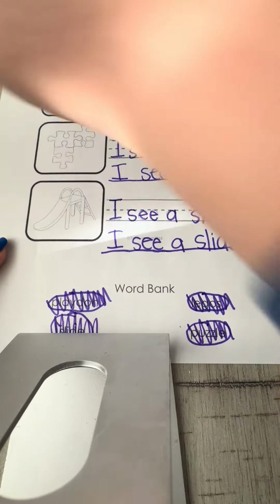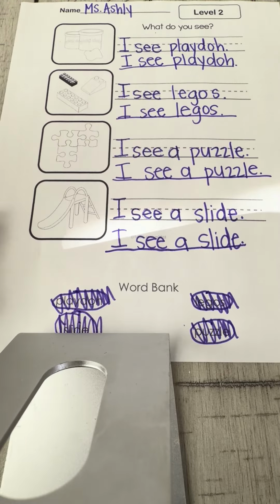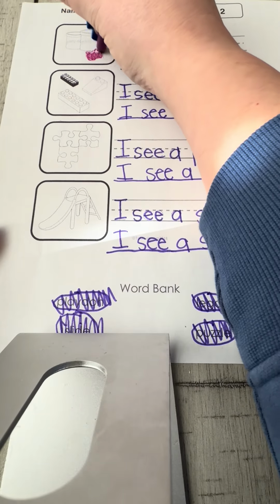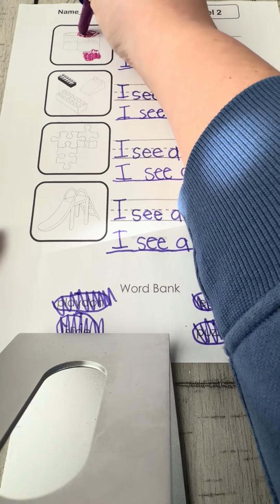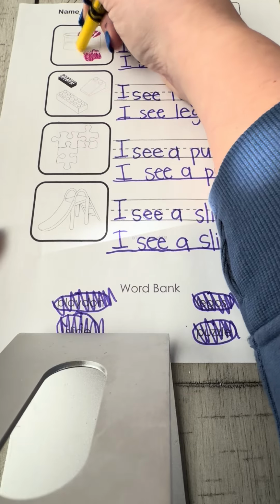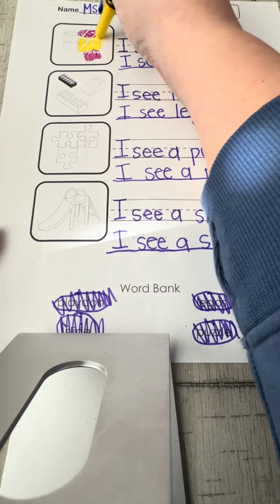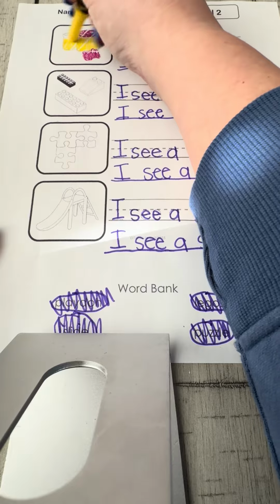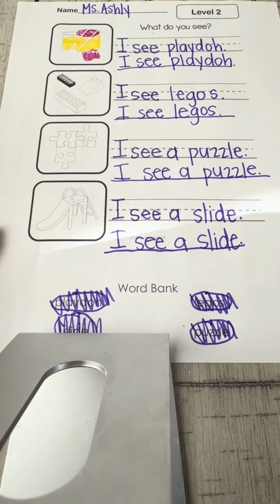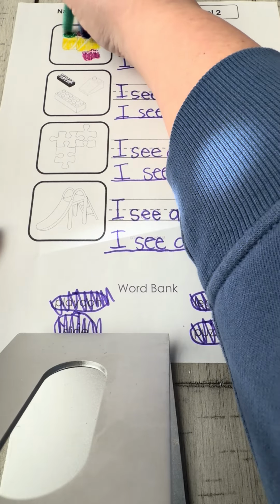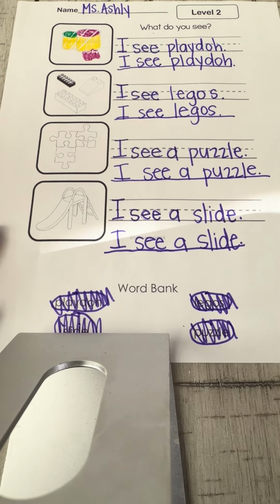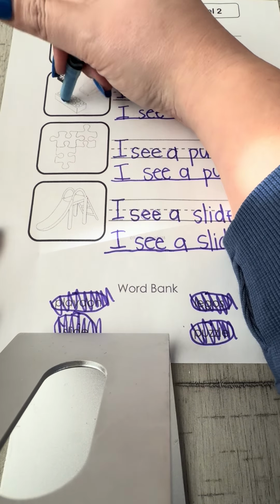All right, and for fun and to make it look nice, I'm going to color the pictures. Color our Play-Doh. I foresee a lot of Play-Doh when we come back to school probably next week because it's still going to be cold outside. So I don't foresee us getting to go outside too much next week. All right, then I'm going to color the Legos.